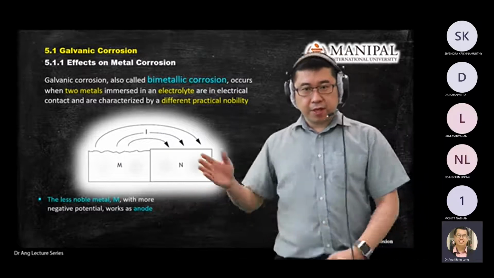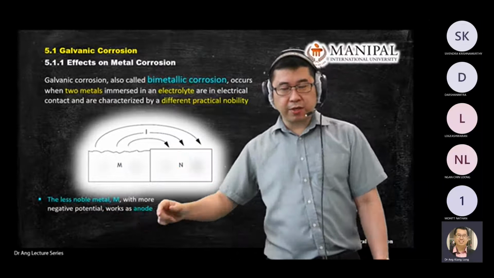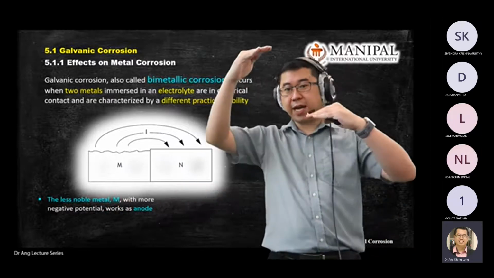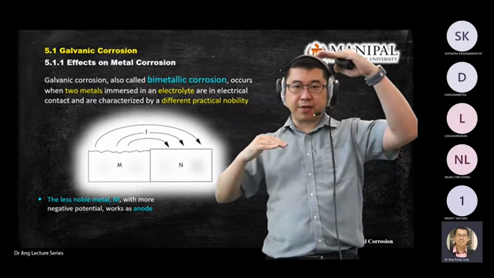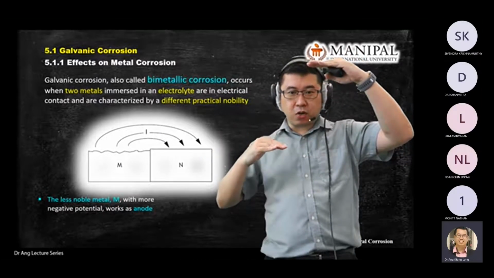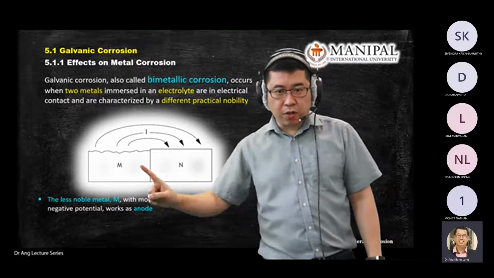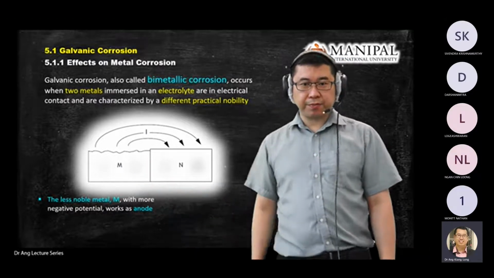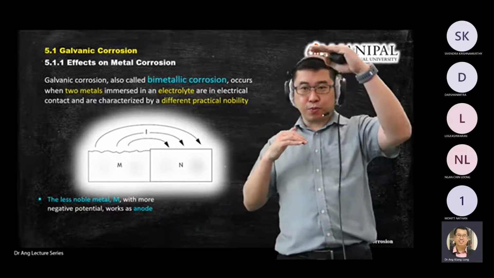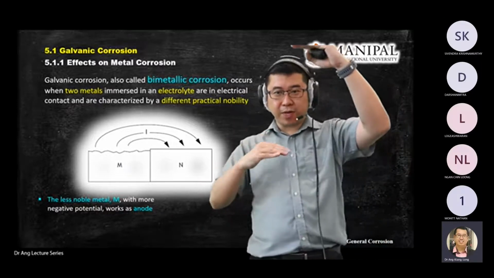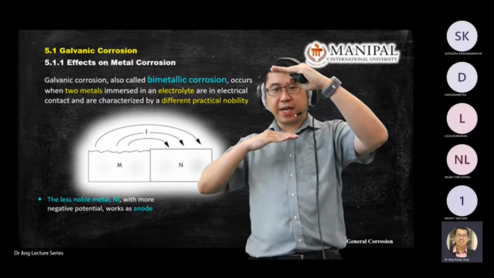First, M represents the less noble metal. Again, nobility has a high level and a low level. M represents the lower level, and we call the lower level the anode.